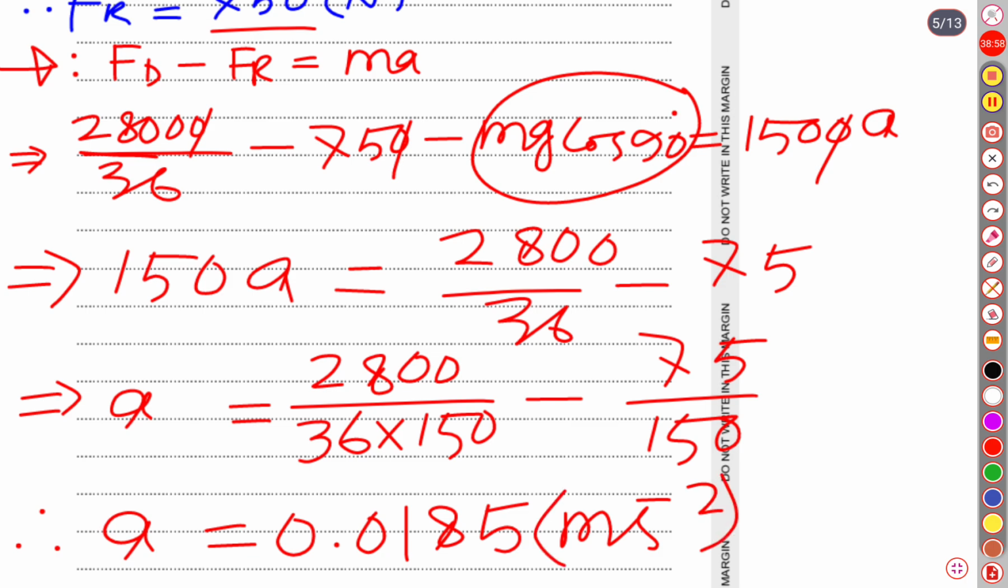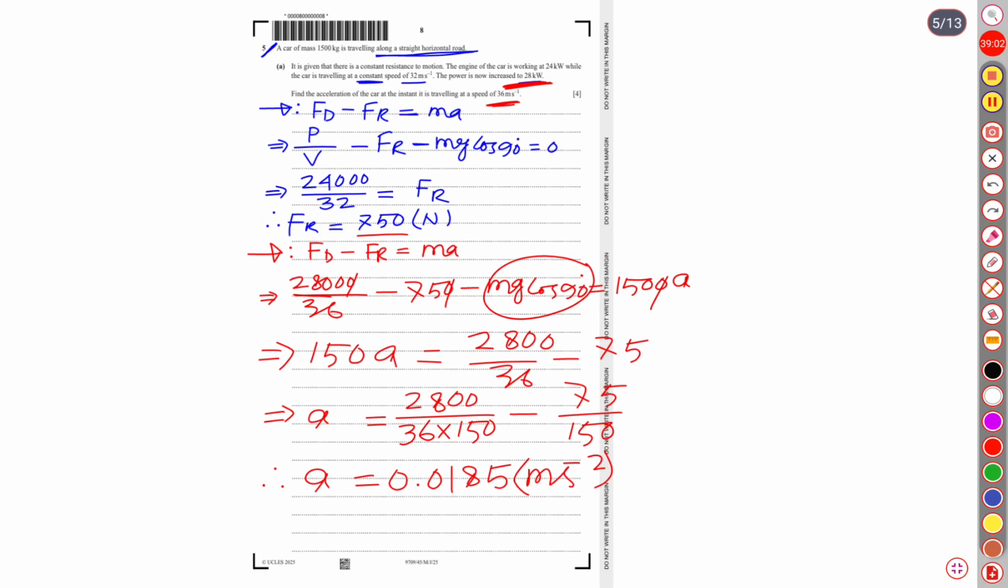So this is our final answer to this question. They have told us to find acceleration, and surely for finding acceleration we choose the concept of the motion law of Newton, and we did so. Finally, our answer is 0.0185 meter per second square if we round it up to three significant figures.